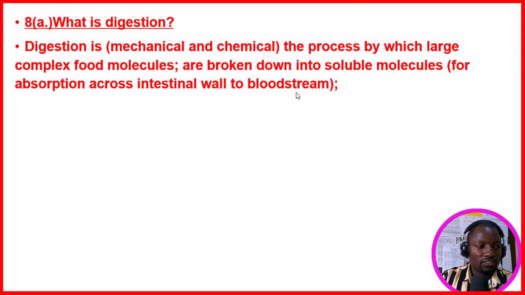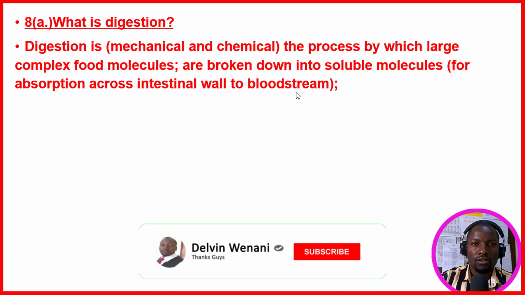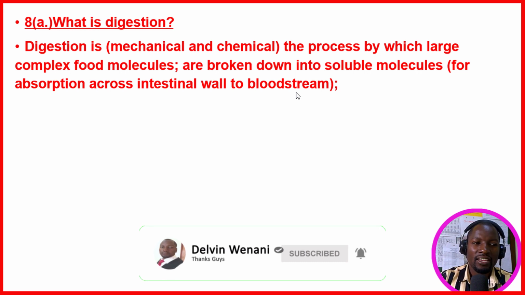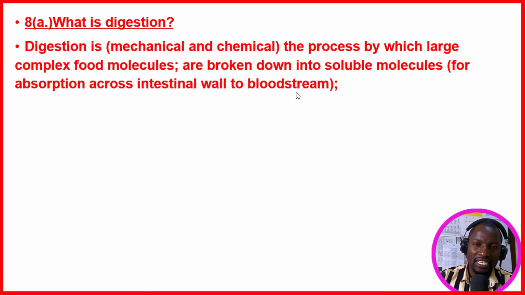What is digestion? Digestion occurs in two ways. It is either mechanical or chemical. Mechanical is breaking down physically by use of teeth. Chemical is enzyme activity, for example, the ptyalin in the mouth acting on the starch.